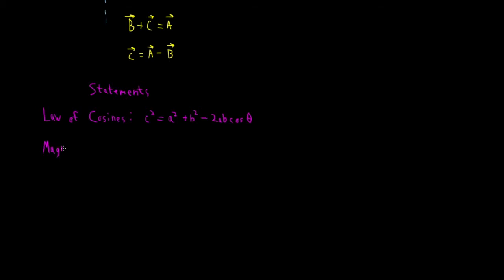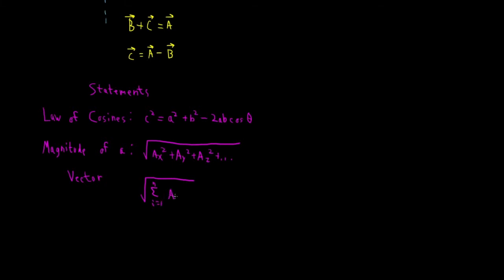Second, we will need the definition of the magnitude of a vector, which is the square root of the x component squared plus the y component squared plus the z component squared plus ... However, we can also define this more generally as the square root of the sum from 1 to n of the squares of the components of the vector.